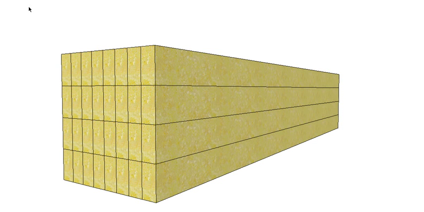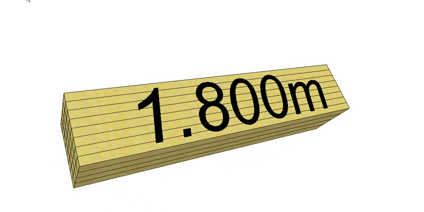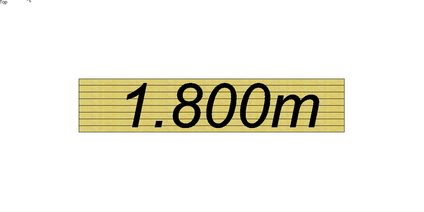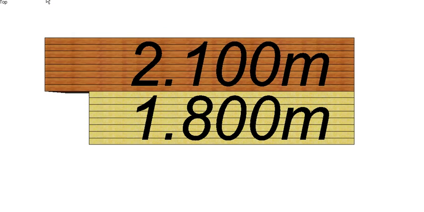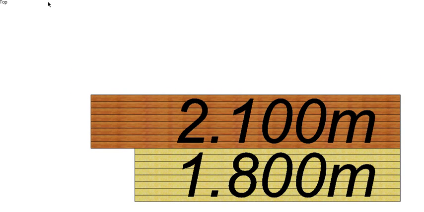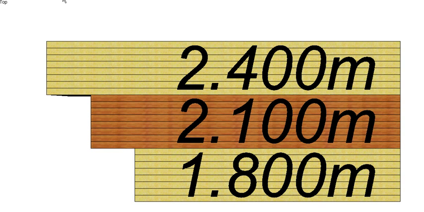If you go to a timber yard, the shortest length of timber that you're likely to buy will be 1.8. Some timber yards won't even have them that short, and I'll show you what they do later on. They'll start with a basic standard size, probably about 1.8, maybe 2.4, and then the timber lengths go up by 300 mil from there.